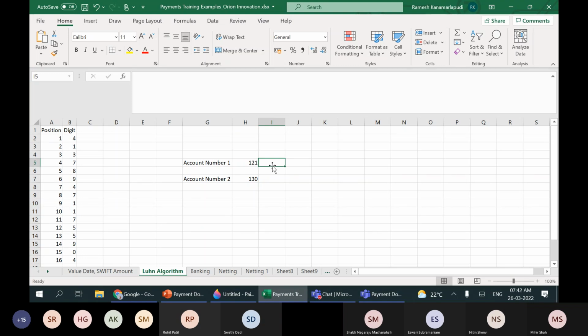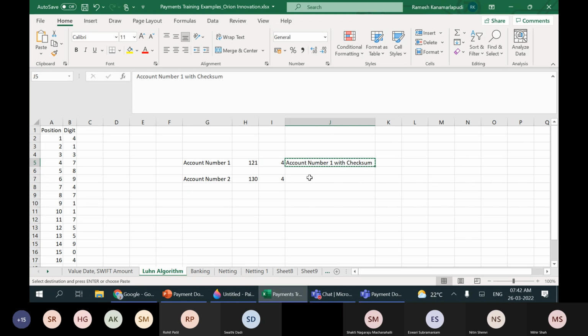If we add all the digits of the first, 1 plus 2 plus 1, this becomes 4, correct? And for the second, 1 plus 3 plus 0 also becomes 4. Then what will be the account number with checksum?